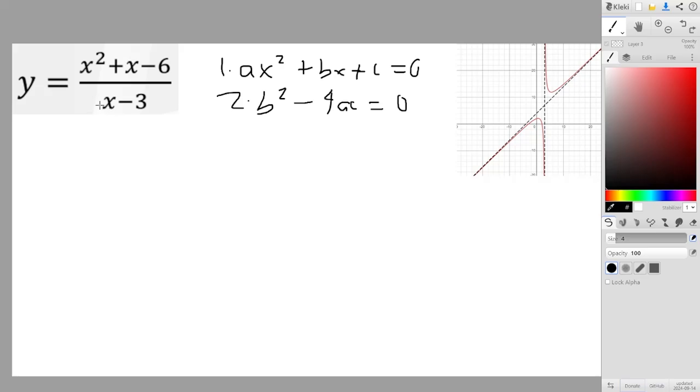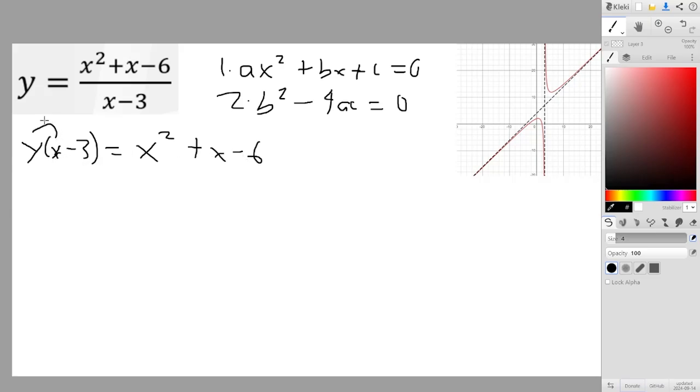What we can do first is multiply both sides by x minus 3. Obviously, x minus 3 will be cancelled on this side, and on this side, y will be multiplied by x minus 3. Something like this.